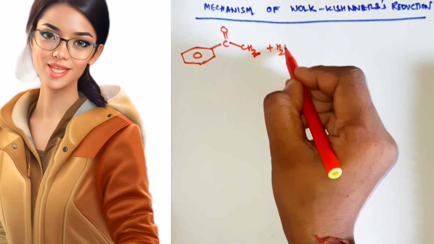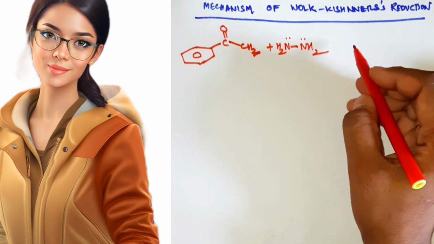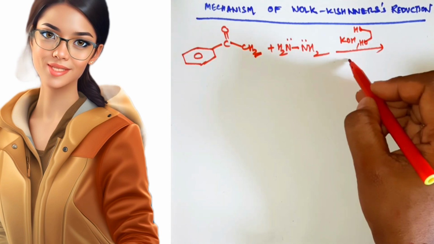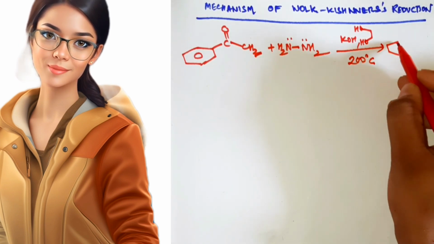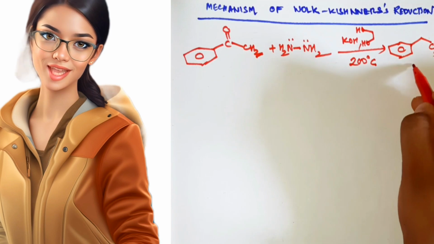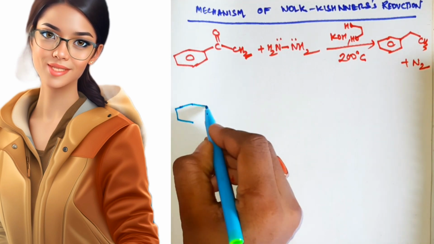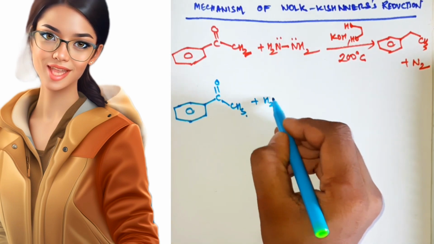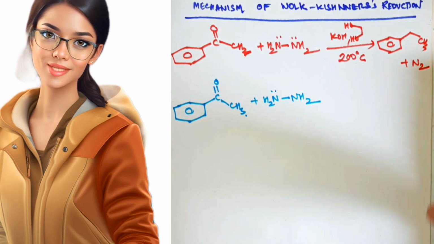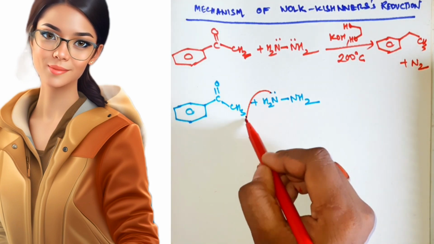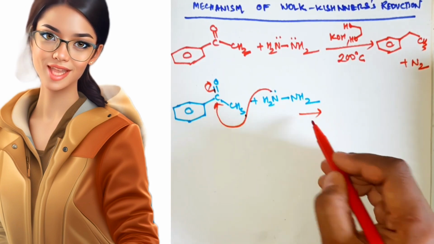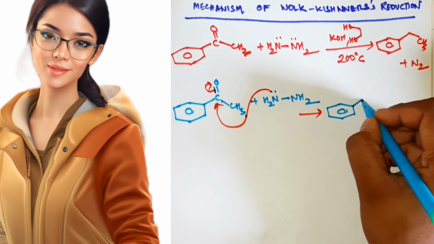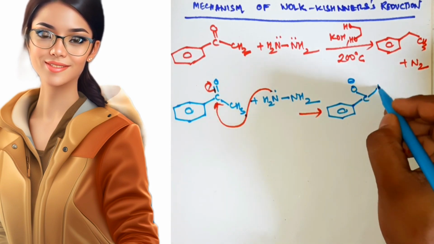Now we will go for the mechanism. The mechanism of the Wolff-Kishner reduction is this: suppose this is your ketone, and you have an NH2 group. You know nitrogen has a lone pair of electrons, because it has 5 valence electrons. 2 are bonded with hydrogen, 1 with nitrogen, and another 2 electrons are left in the outermost shell. Now this lone pair will go and attack the electron deficient carbon atom, because oxygen is electronegative and pulls the electron towards itself, so it takes the minus sign.